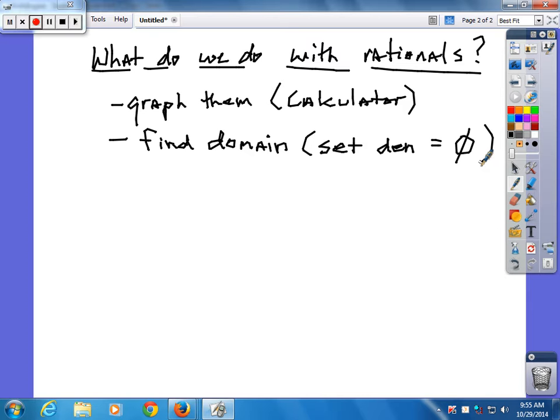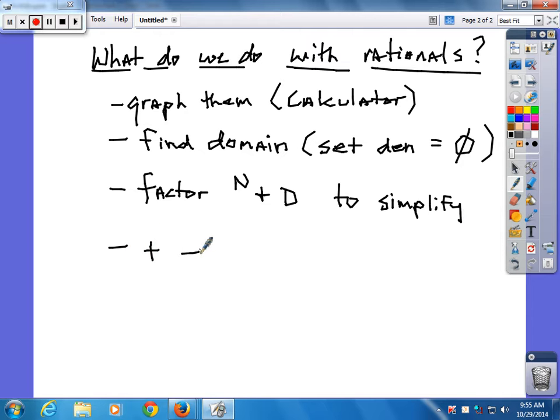Well, we can factor and simplify: factor the numerator and denominator to simplify. And we can add, subtract, multiply, and divide rationals. The first two you can't do with the fractions that you learned back in 5th and 6th grade, but the last two you can.